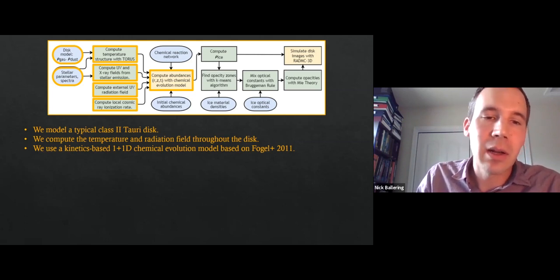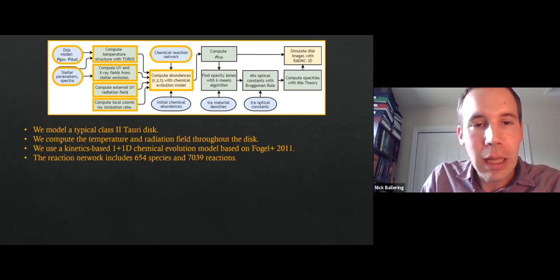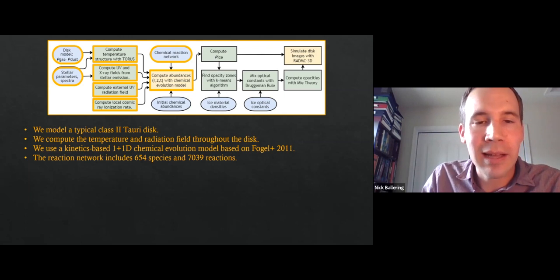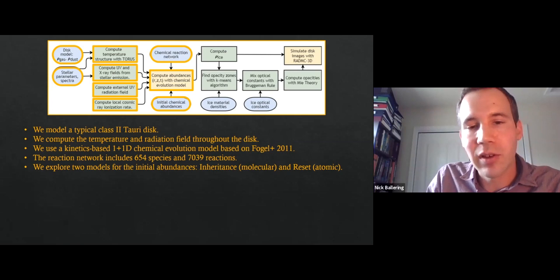It's a 1 plus 1D model, so it's calculated in both radial and vertical directions. The reaction network that we use for this work had 654 total species and 7,039 different reactions.